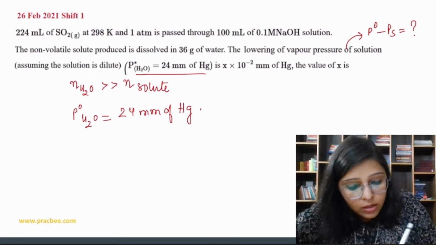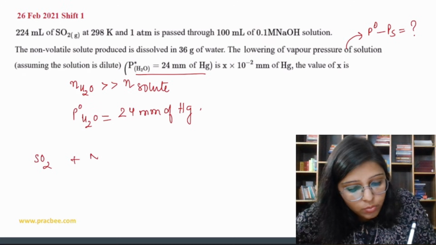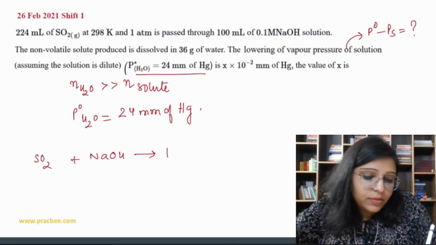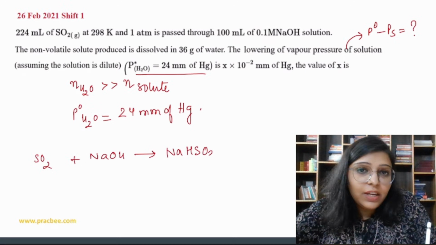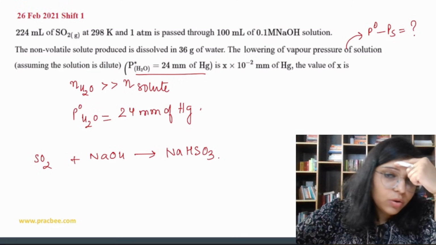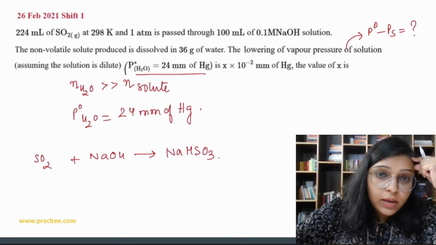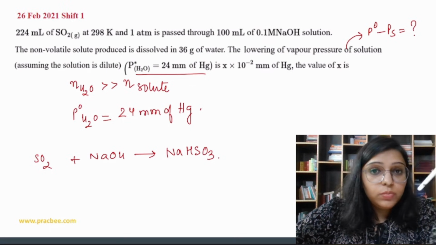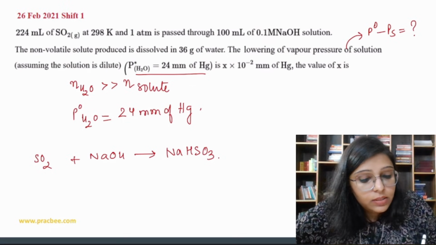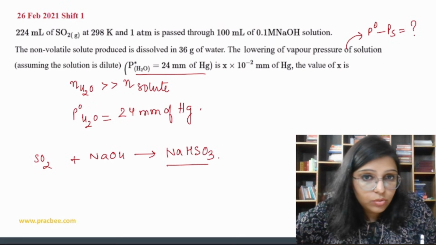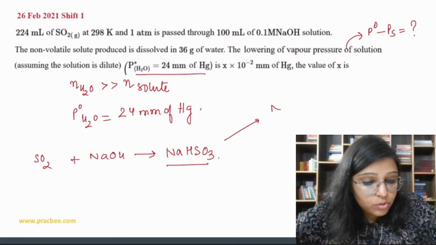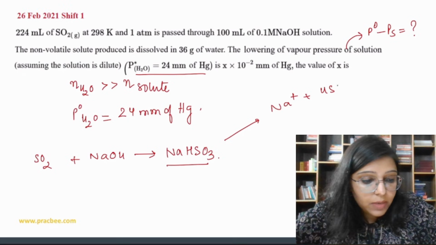So let's do it. We have SO2 plus NaOH, and it gives NaHSO3. We can do this question in two ways. We can also assume that SO2 plus NaOH gives Na2SO3, right? But if I assume that it forms NaHSO3, it further dissociates into Na plus and HSO3 minus.